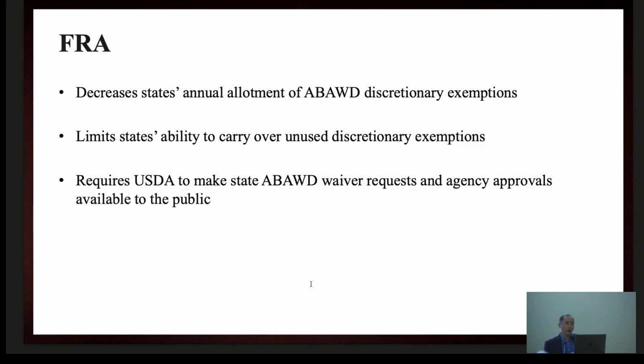And they would require USDA to make state waiver requests and agency approvals more transparent and available to the public. And as I've said, they did this in the debt ceiling, so they don't have to debate this under the Farm Bill, which I think is smart.